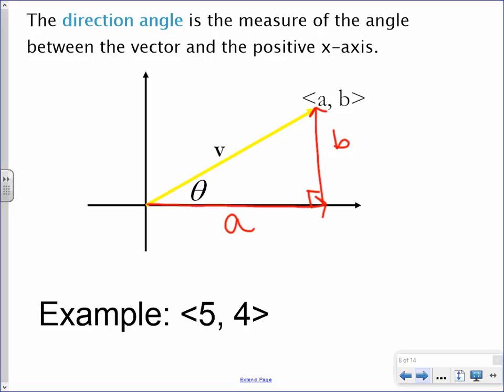You have 10 seconds. Turn to your neighbor. What could we use? If we know a, we know b. Okay, how do we determine theta? What do we use? Tyler?